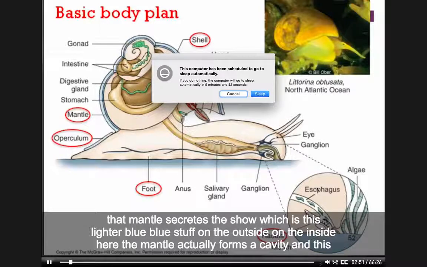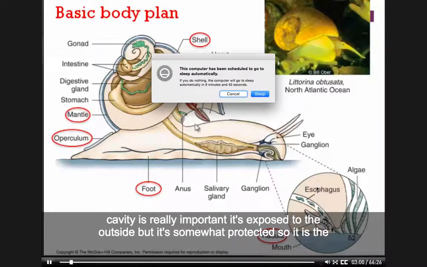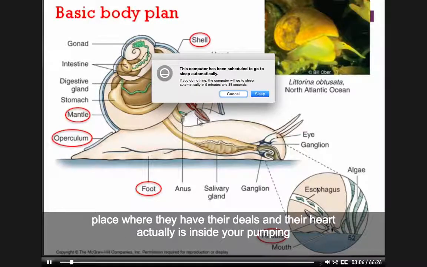That mantle secretes the shell, which is this lighter blue stuff on the outside. On the inside here, the mantle actually forms a cavity. And this cavity is really important. It's exposed to the outside, but it's somewhat protected. So it is the place where they have their gills, and their heart actually is inside here pumping.